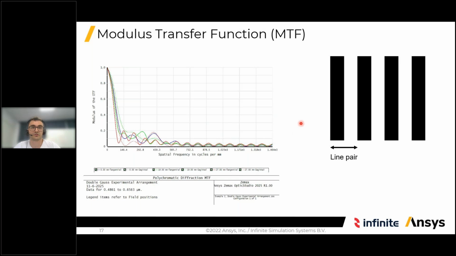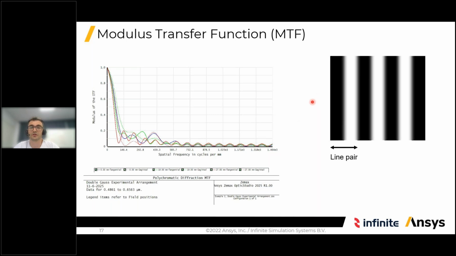The modulation transfer function, or the MTF, is the Fourier transform of the PSF, and it gives you information about the loss of contrast as a function of the spatial frequency of your object. What do I mean by that? So suppose you have an object like this. It's an array of line pairs. When you make an image of this, the line pairs will become a little bit more blurry.